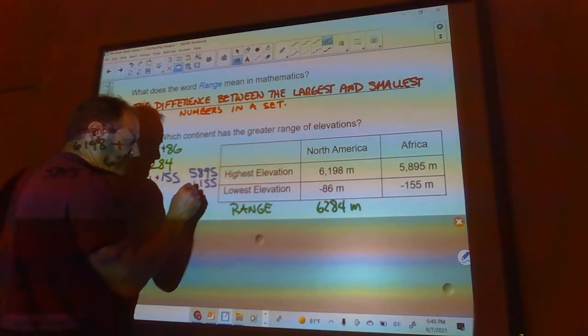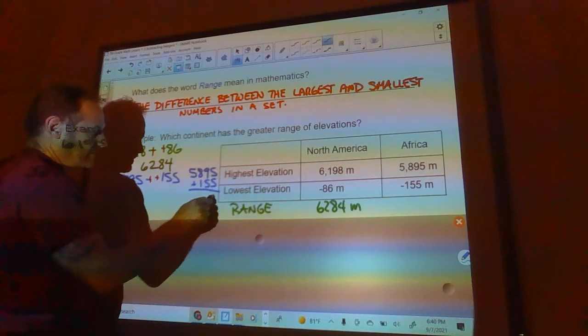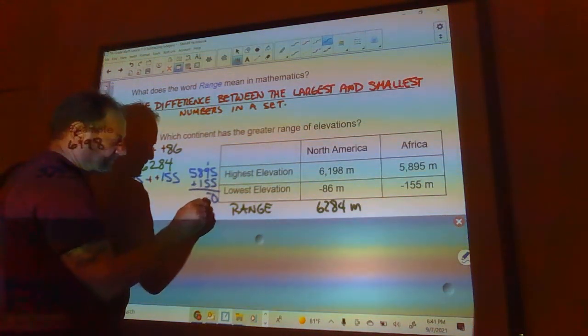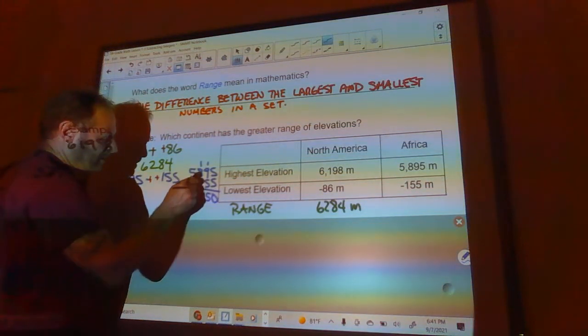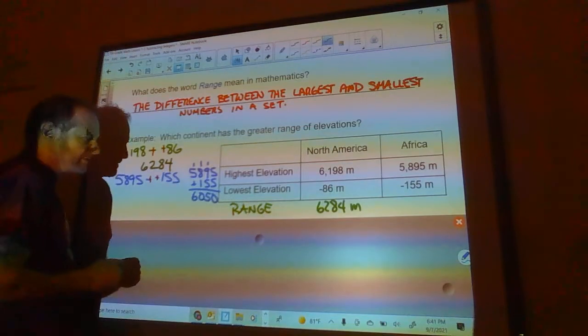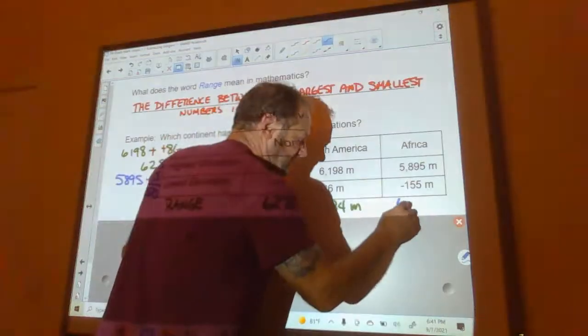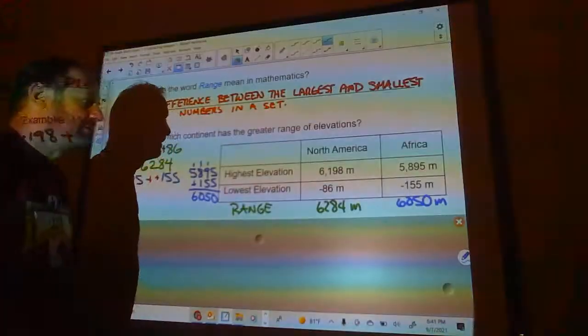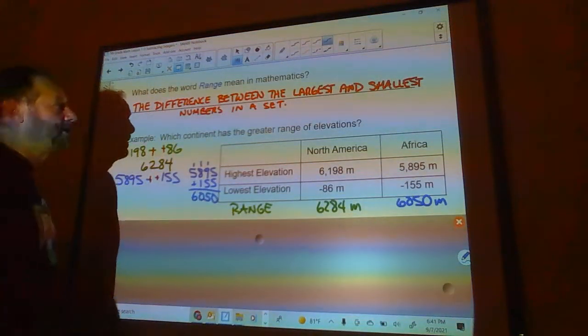I make a lot fewer mistakes that way. So there's 5 and 5 is 10. Carry my 1. That's 10 plus 5 is 15. Carry my 1. 8, 9, 10. Carry my 1. 6,050. So this is 6,050 meters. Okay, so which one has the largest range?